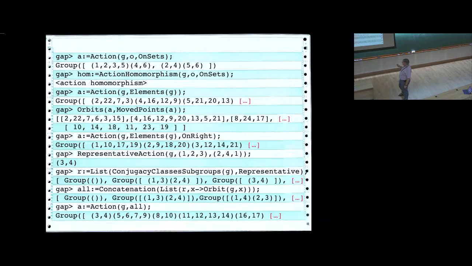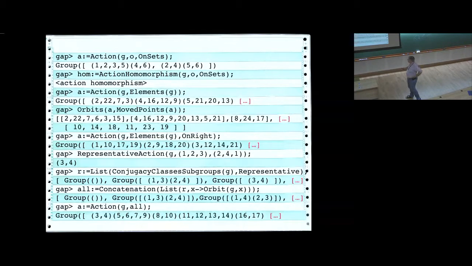That's not the right regular action. The right regular action I get by specifying OnRight, and we can see this by the fact that the conjugation action on the elements has multiple orbits. This action is not transitive. While the action on right, in fact, happens to be transitive.